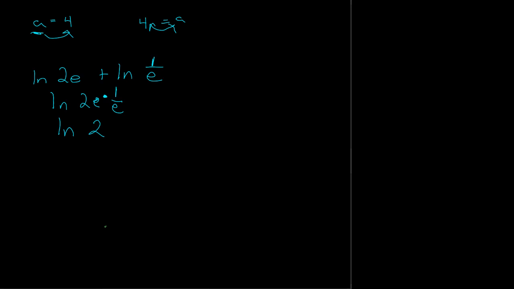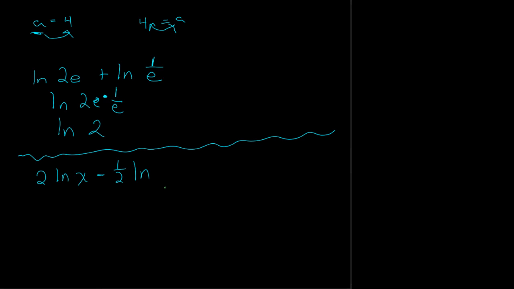All right, I'll do another one that uses a natural log. I like my natural logs. 2 times the natural log of x minus 1/2 the natural log of y minus 3 the natural log of z. All right, so I'm going to look at the coefficients first.